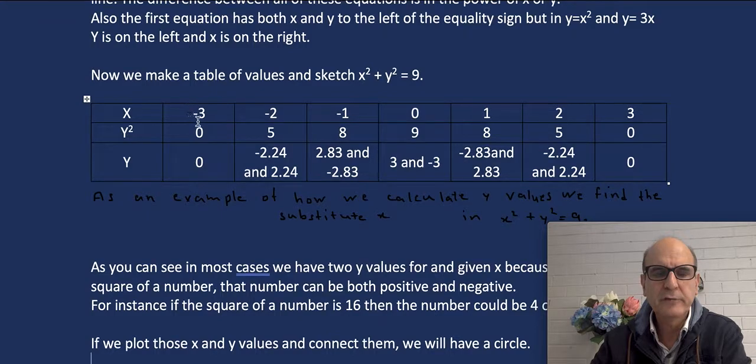So if you substitute -3 here, that's going to be -3 squared. -3 squared is 9. So 9 plus y squared is 9. That means y squared must be 0, or y must be 0.